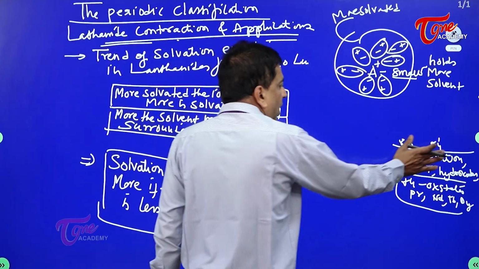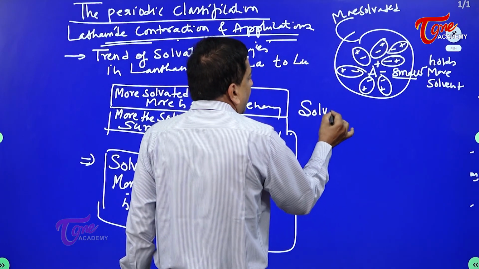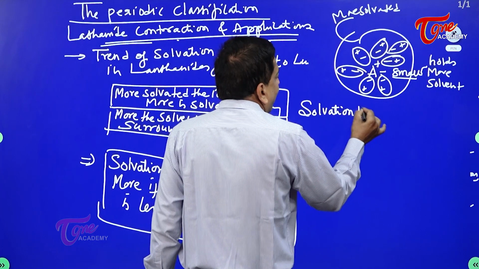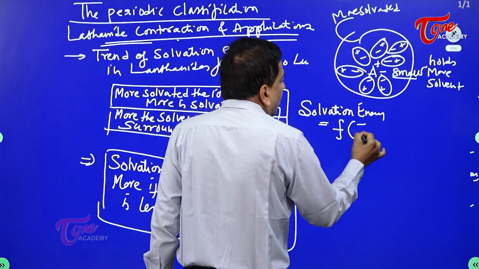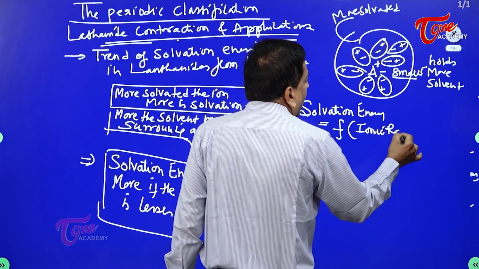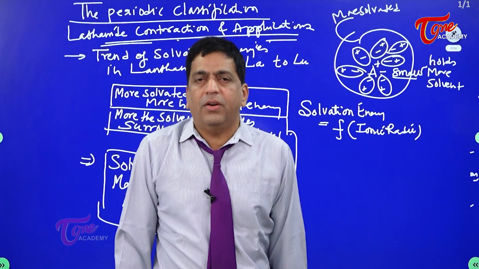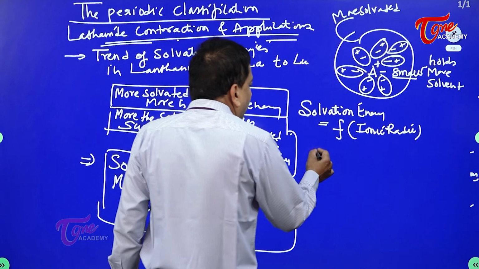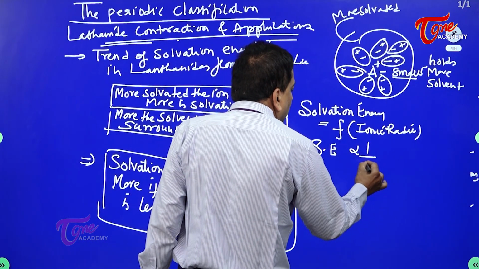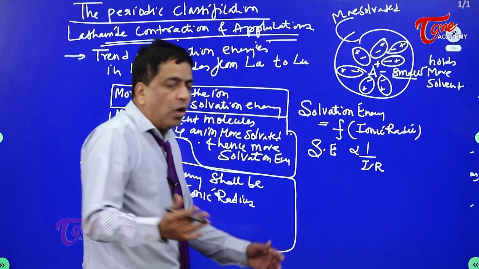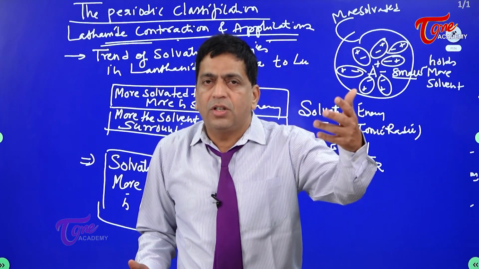Then understand here, solvation energy is a function of ionic radii. In fact, if you want the relation, solvation energy is inversely related to ionic radii. So the smaller the ionic radii, greater will be the molecules solvated. They are inversely related.